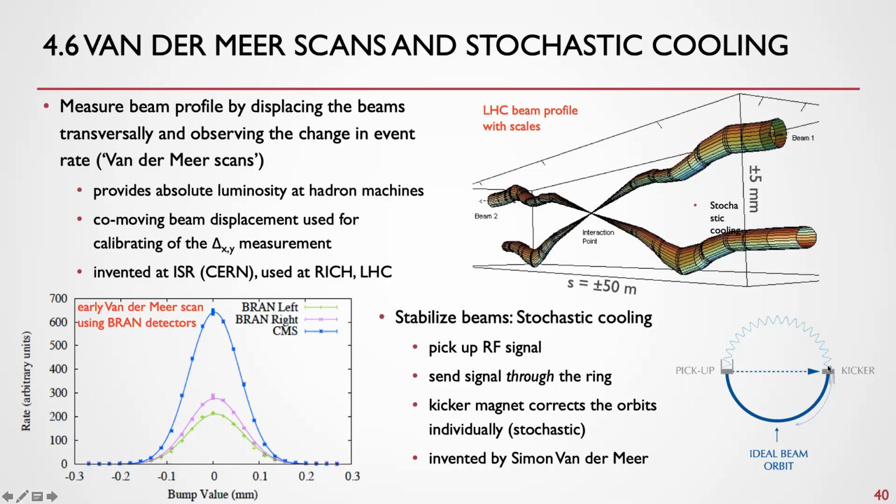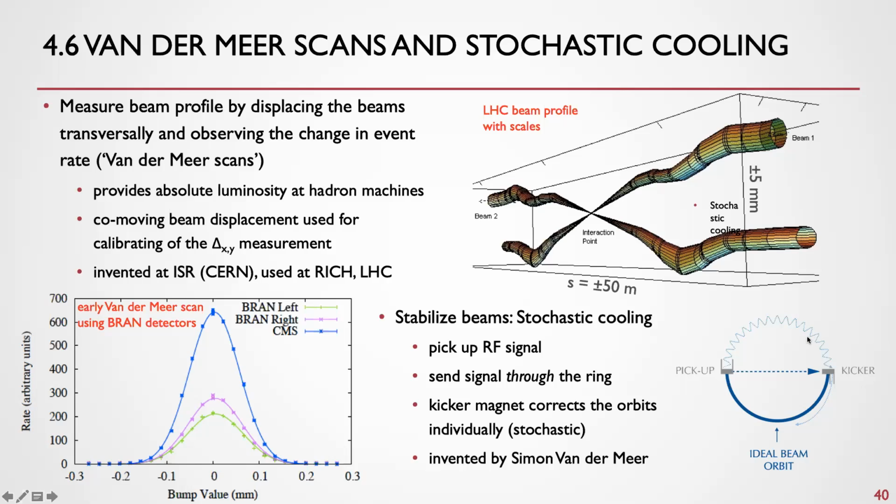You can pick up transversely oscillating modes of the bunches as they go around the beam. That's dangerous because if there is an energy source that's driving it, for example, electron clouds, at the end of the day, it can mean that you lose the whole beam. What I'm trying to say is that it's very hard to control the oscillation of the bunches in the direction transverse to the beam.